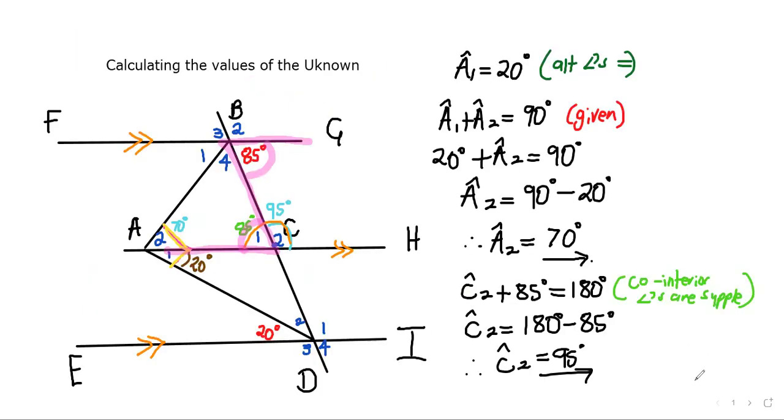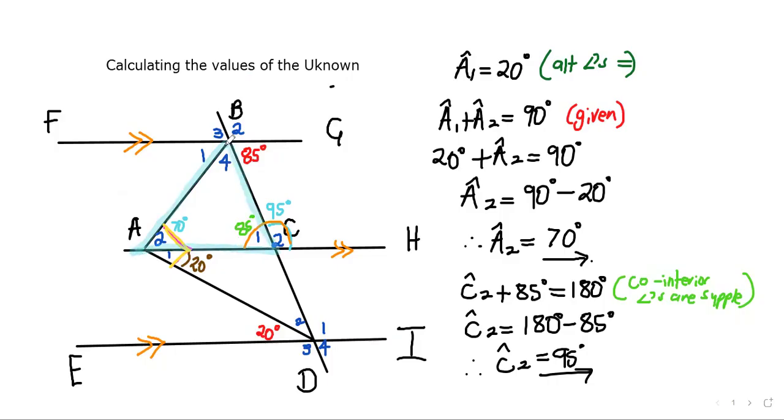Now let's continue. After getting that, let me now erase this, just so that you don't struggle to see which angle is close to that one. So after getting that, we are now having our angle C1, we are now having our angle A2, and then it basically means to say I can concentrate on this entire triangle, the one that I'm drawing.